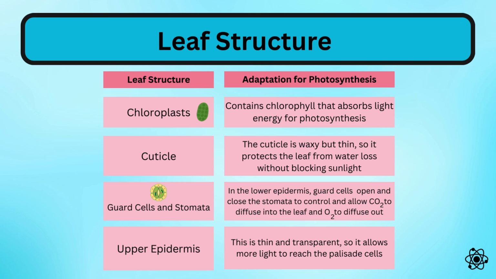In the lower epidermis, guard cells open and close the stomata to control and allow carbon dioxide to diffuse into the leaf and oxygen to diffuse out. The upper epidermis is thin and transparent, so it allows more light to reach the palisade cells.